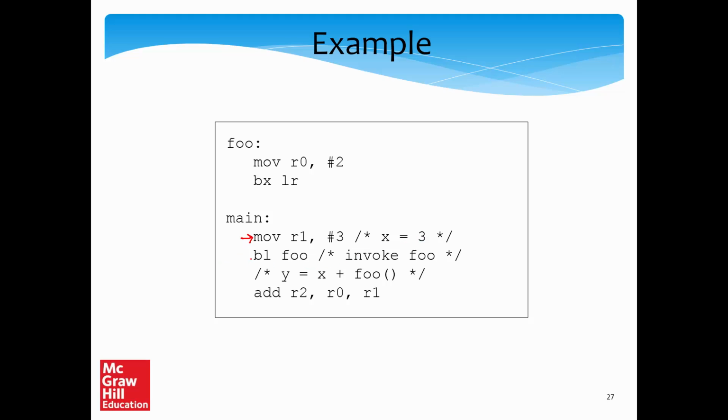We call the foo function using the BL instruction, branch and link. So in the LR register, the return address gets saved. We move 2 to R0, and instead of moving the contents of LR to PC, this is the new instruction, BX LR. In this case, we branch to the address that is contained inside LR, which is the address of the next instruction after the function call.